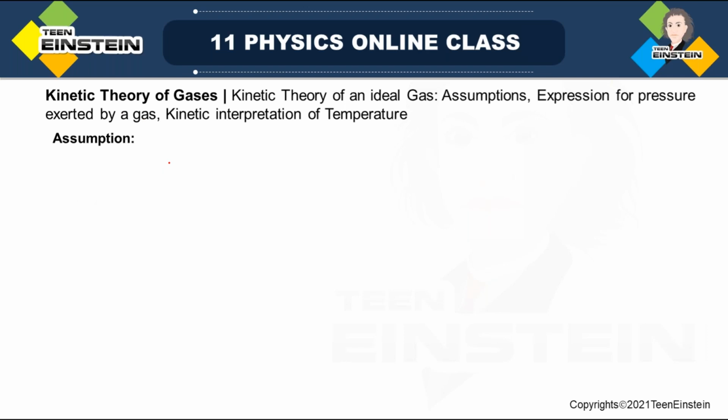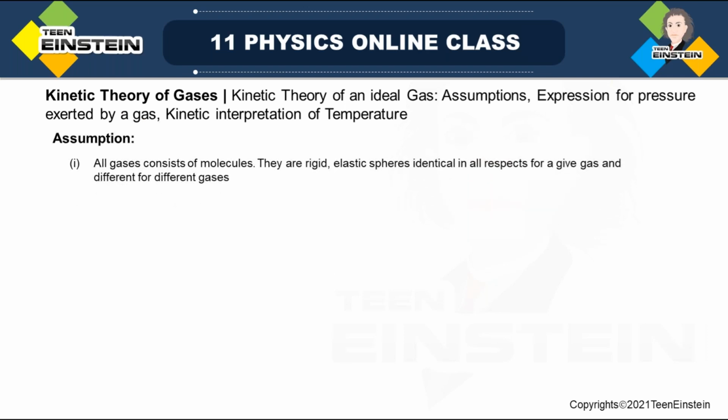So the first assumption is that all gases consist of a large number of molecules. But what is the nature of the molecule? Molecules are rigid, elastic spheres, and identical in all respects for a particular gas.